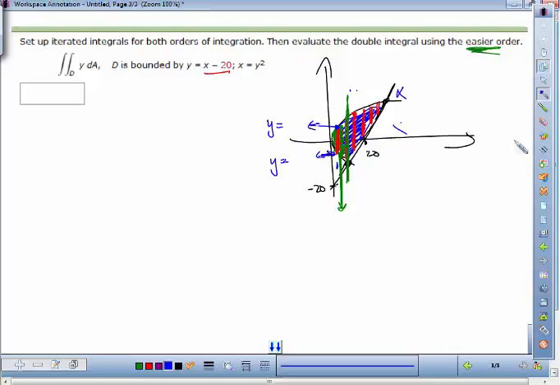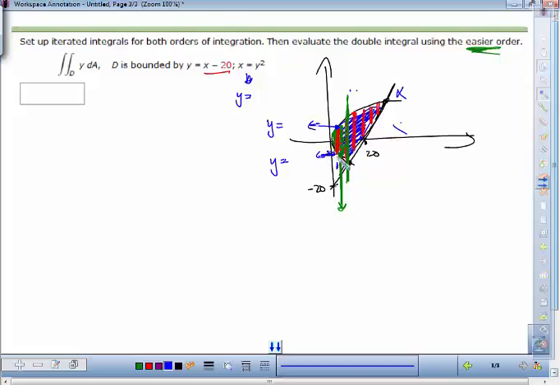So what's the bottom function? Y equals what? Yeah, so this function over here is x equals y squared, and what you want to do is represent it as a y equals function. So if you solve for y here, you're going to take the square root, so there's a plus and minus.